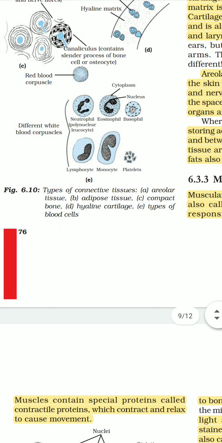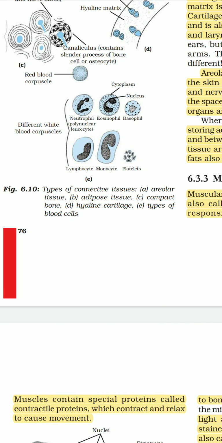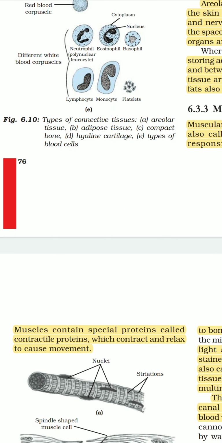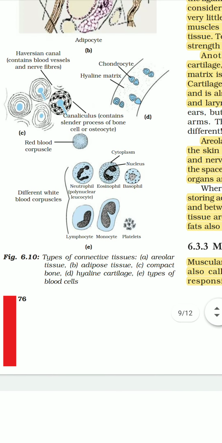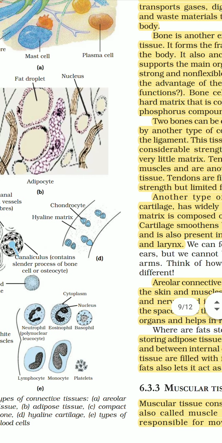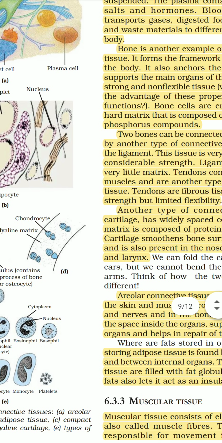Connective tissues are the most abundant tissues in our body, and they have so many important functions. Now, before finishing this topic, children, I would like to say that please go through the chapter and the videos properly, read it again, read the lines, everything you will find in the book, and whatever extra I have told you, please understand it and read it.